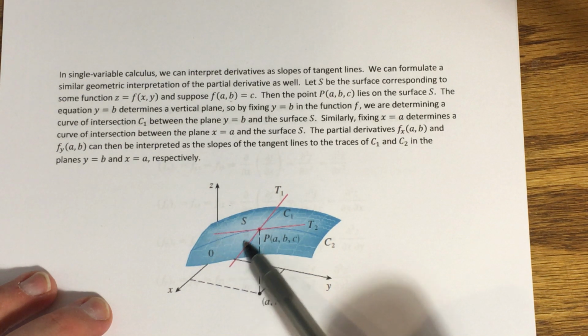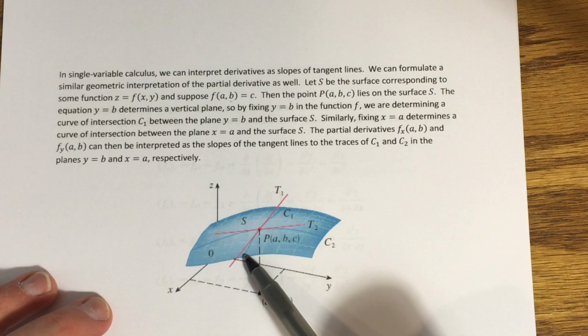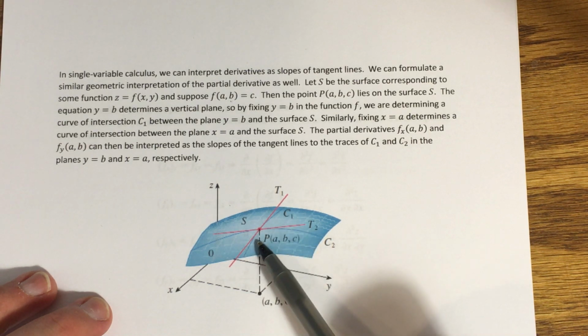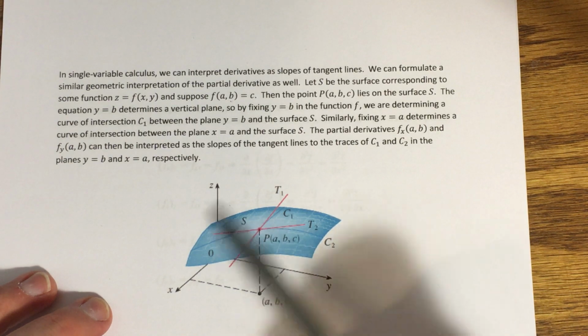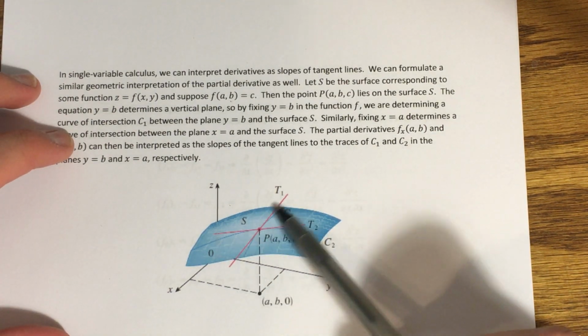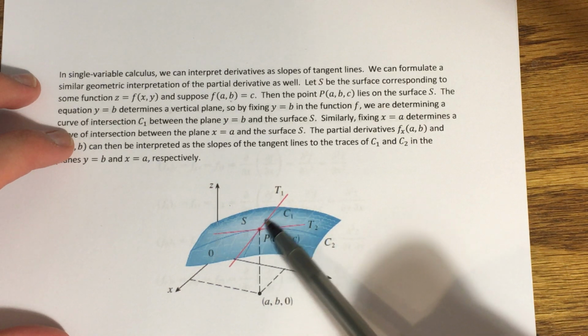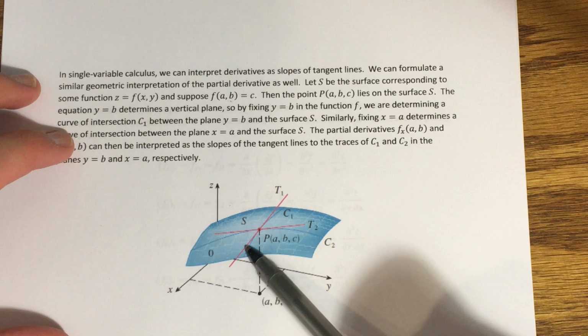It's a line that's tangent at that point (a, b, c) on the curve C1, which is the trace. Oh, sorry, I'm kind of mincing my words. It's the tangent line to the trace C1 in that surface. So you can kind of see how it hits that curve C1 at the point P and is tangent to it.